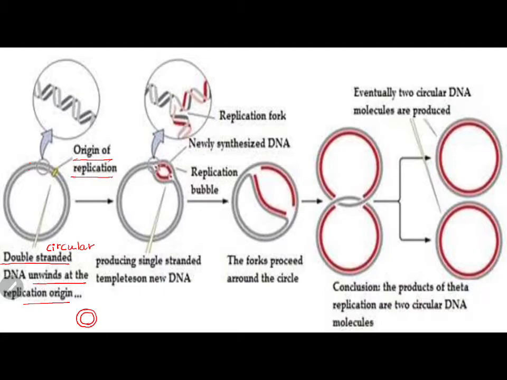It is going to start making a copy from there. Now if you can see the second picture, the two strands separated at a point. Can you see? This looks like a ring, isn't it? The two circles of the ring are coming to the starting point and they split into two.